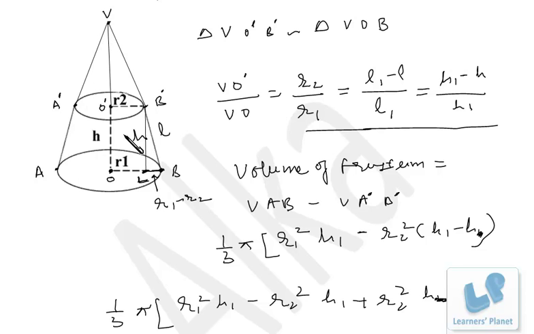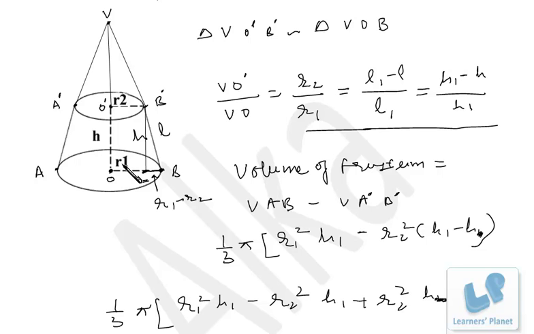That's it. The volume of the cone is very simple, 1 upon 3 pi r square h, and the volume of the smaller cone, whatever the quantities are given, is also 1 upon 3 pi r square h. Right? So precisely r and h are unknown for both the smaller cone and the bigger cone. If you have that, you can find out the volume of this frustum. So that's pretty simple, no need to mug up any formula.